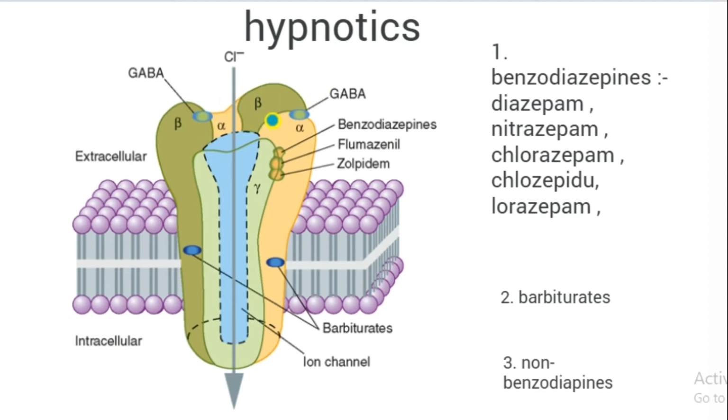So this is a GABA receptor. First I want to say about the GABA receptor. This is our neuronal membrane and the GABA receptor.